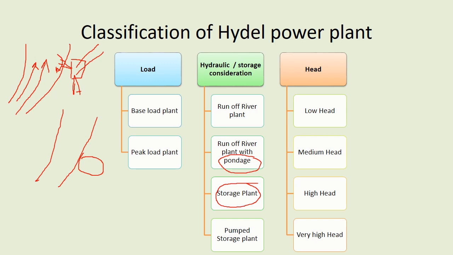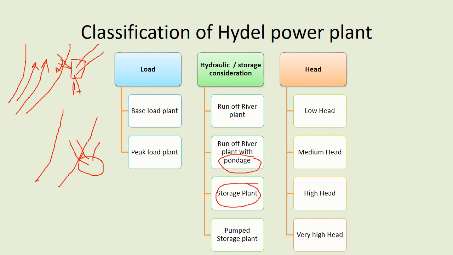Here they build a dam, store the water, and then make the turbine rotate. That gives two advantages. First, these plants depend on water flow or availability of water in the river. This plant works perfectly in the rainy season, but in the dry season the water availability is very low, so the electricity generation is also very low.